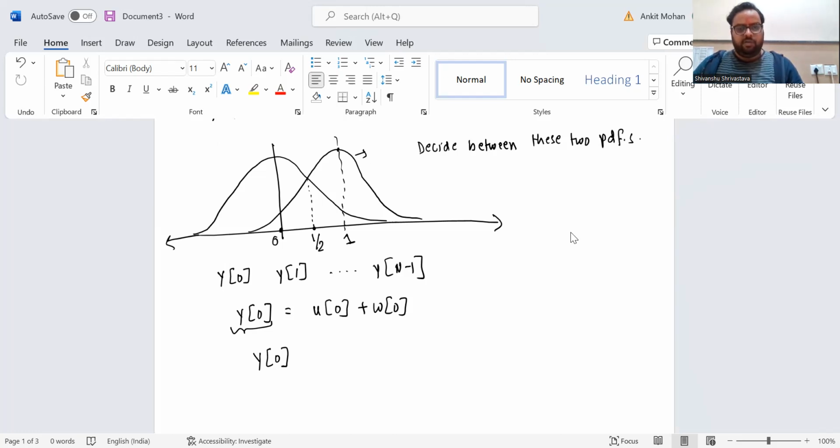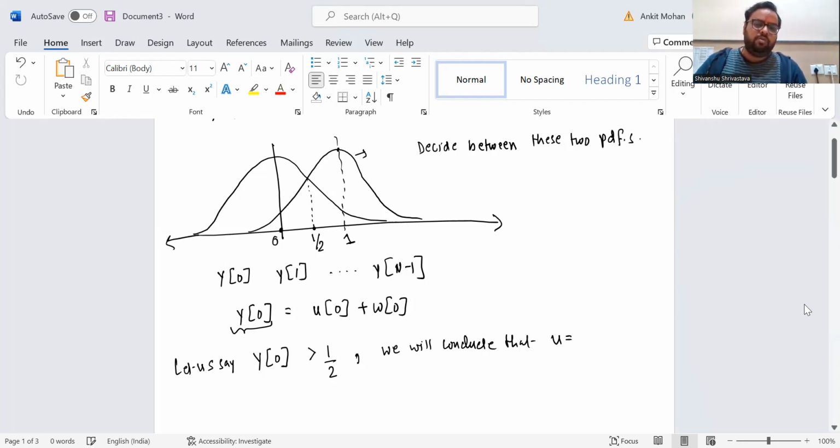I say that if my received signal y0 is greater than 1 by 2, we will conclude that u equal to 1 was transmitted, which is the other way of saying that H1 is true.